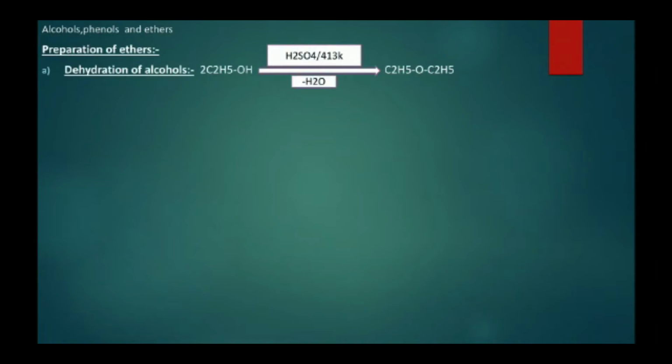These 2 moles of ethyl alcohol eliminate a water molecule and form diethyl ether. So dehydration means elimination of water. When 2 moles of alcohol eliminate 1 mole of water and combine with each other, then it forms the ether.